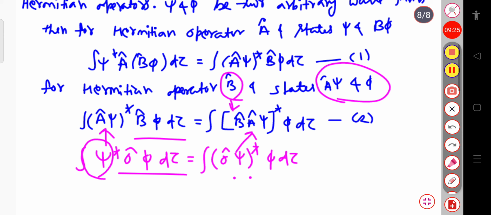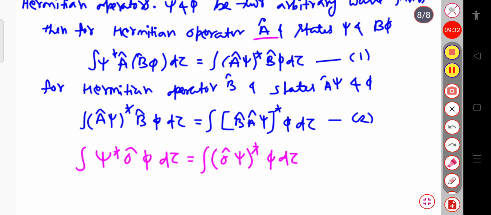And similarly for the first equation you can also see here, this is your Hermitian operator A cap and the states are psi and B cap phi. So if I consider again this B cap phi as, let me again take it as phi, suppose that is your B cap phi.